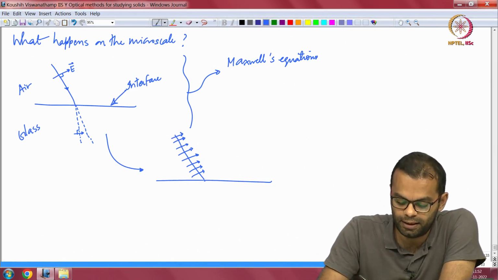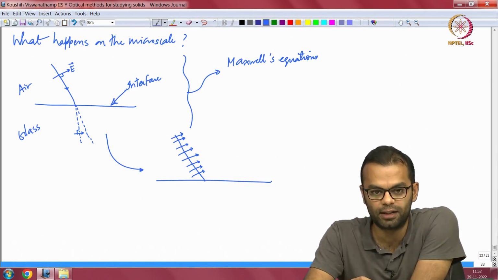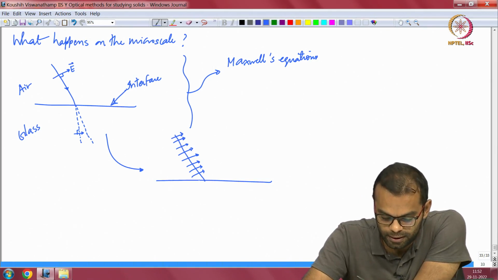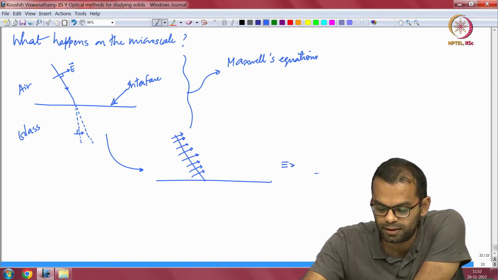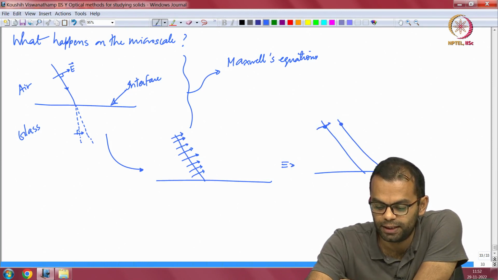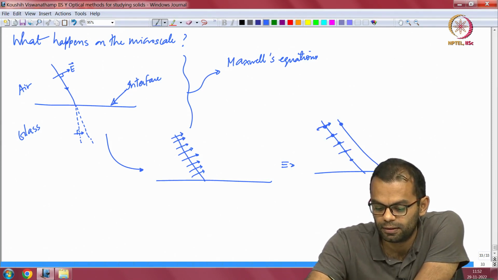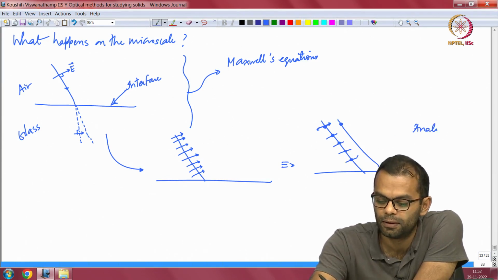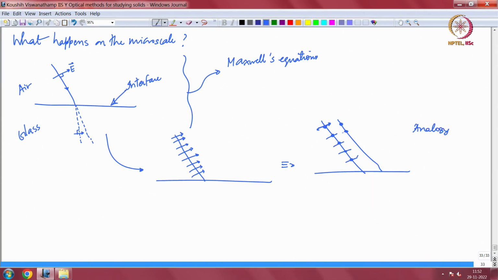And the usual argument that is given is that this can be thought of as analogous to soldiers marching, right. So, if you take two such rays and then the soldiers are going like this. So, this is the analogy. They can march faster in the first medium compared to how fast they can march in the second medium, right.